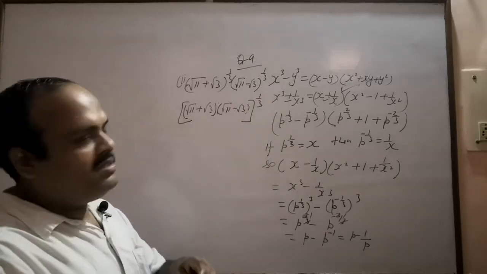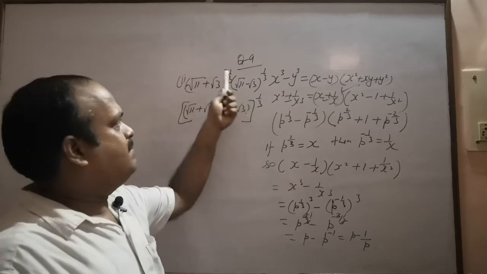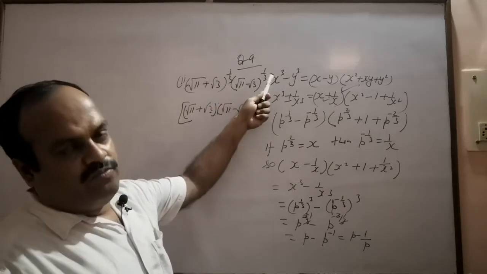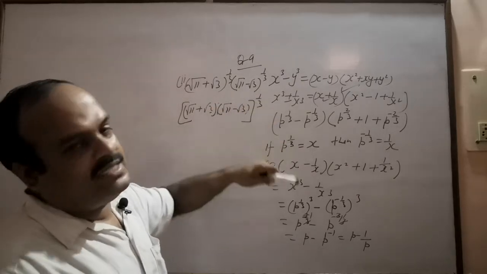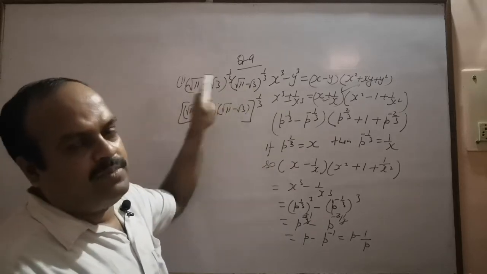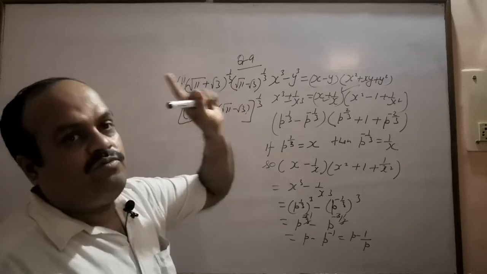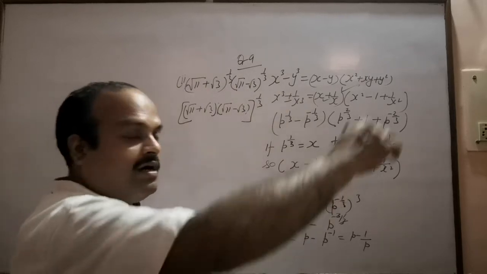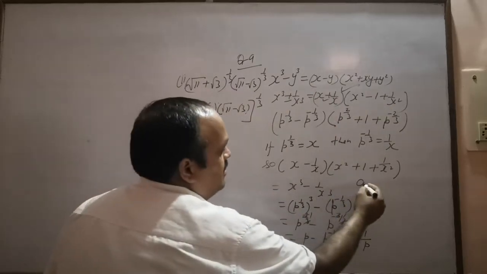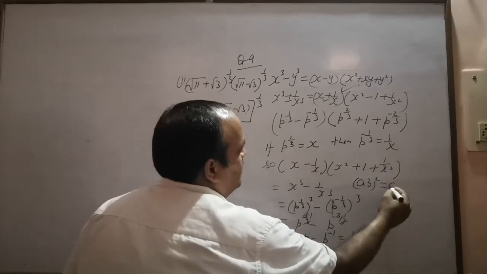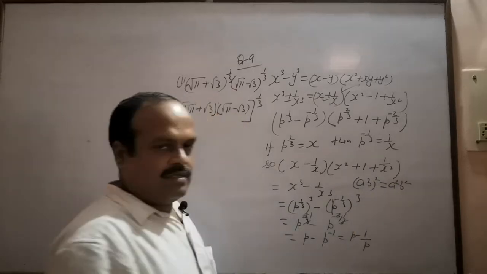Because both the bases have the same power, there is a law which says that first we should multiply the bases and write the power only once. You all know that ab whole power 2 can be written as a square b square.